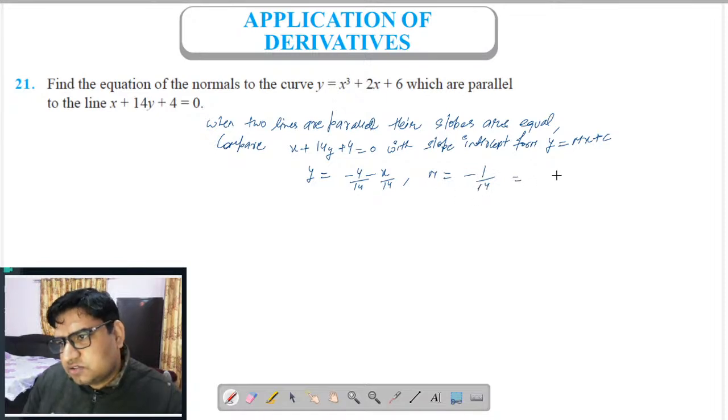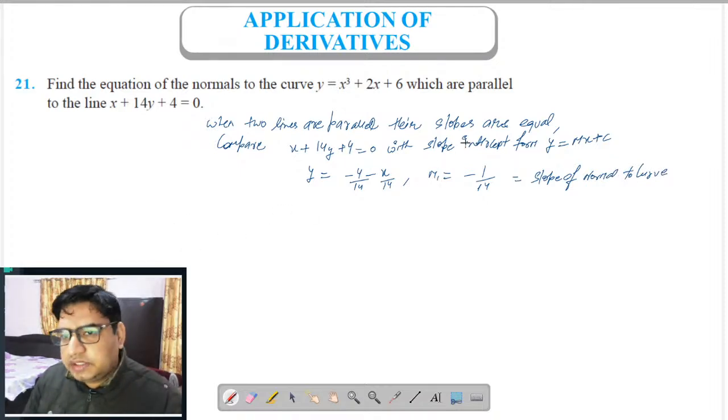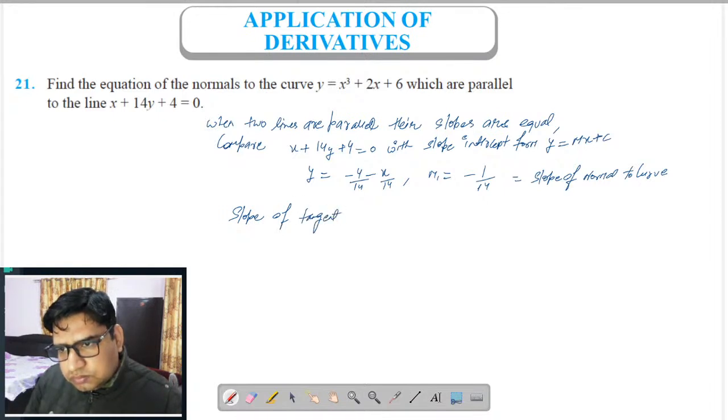Okay, slope of normal to the curve, which is nothing but slope of normal to the curve, and we'll say it m1. Okay, now slope of tangent to the curve is equal to dy by dx.